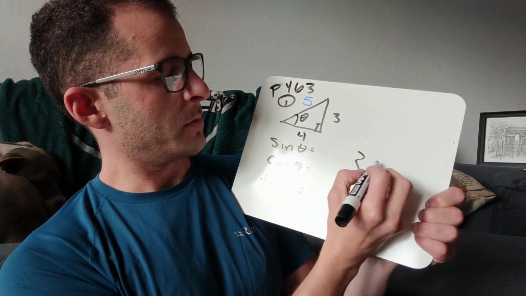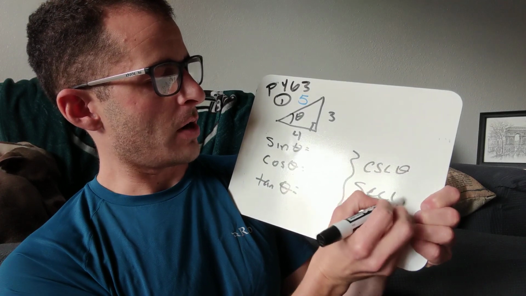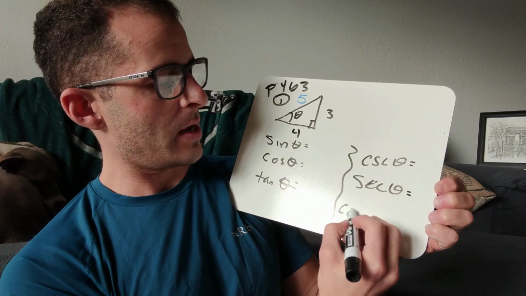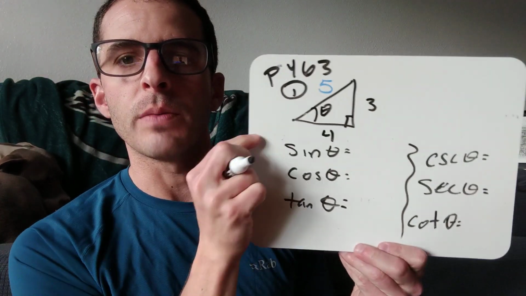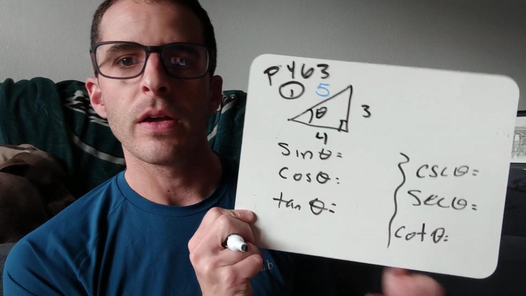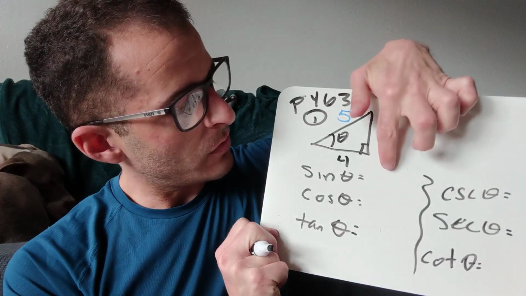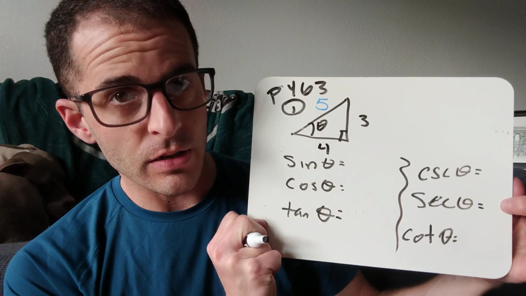Over here, across from sine, that's where we're going to put cosecant. Across from cosine, that's where we're going to put secant. And across from tan, that's where we're going to put cotan. Okay? So 2 columns. First column, sine, cosine, tan, the familiar ones. Second column, right next to them with a space for the answers for sine, cosine, and tan, cosecant, secant, cotan.